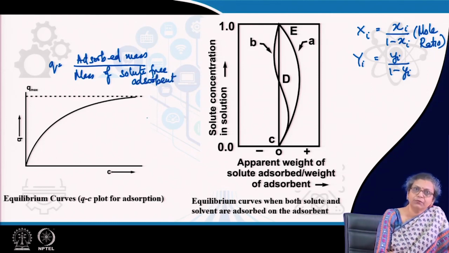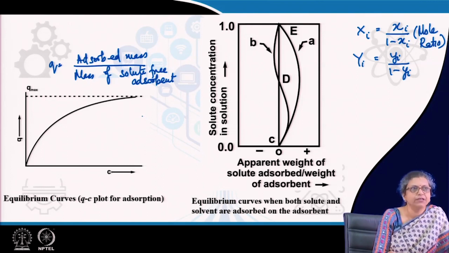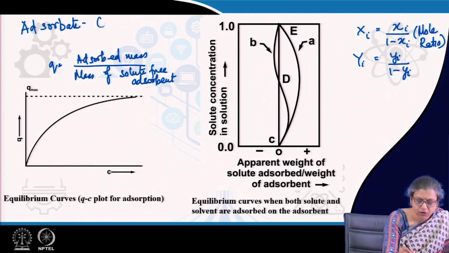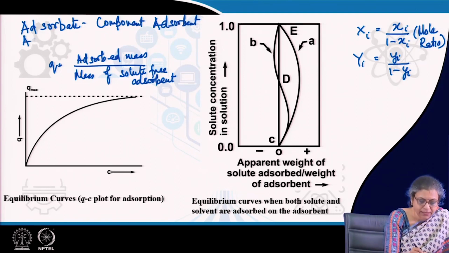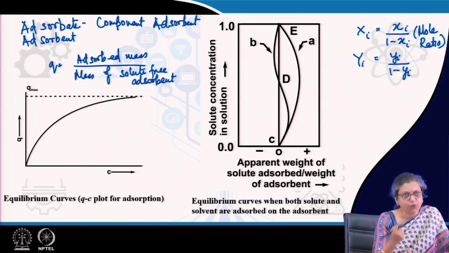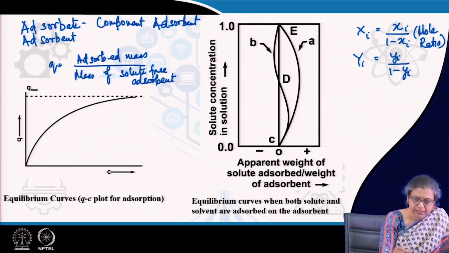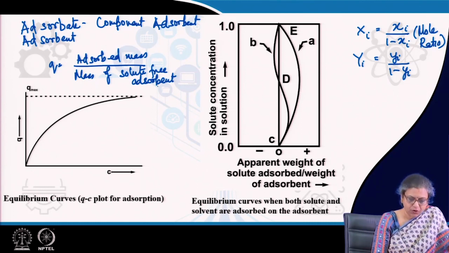Before I start the equilibrium, I would like to mention that in the process of adsorption, the component which is adsorbed is known as the adsorbate, and the solid which adsorbs this component is known as the adsorbent. So, in this particular case, it is the adsorbed mass of the adsorbate divided by the mass of the solute free adsorbent.